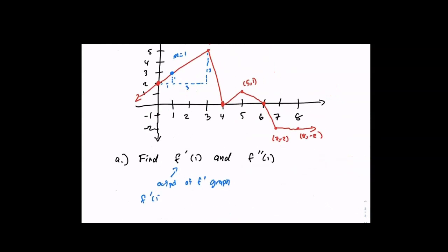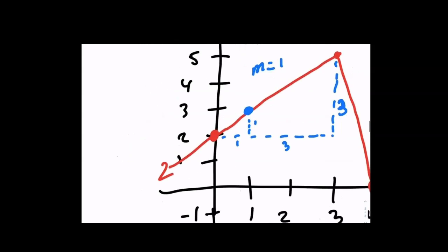f prime of 1 is what? Read the graph. It's right there. Just the output. There's no 8 on my graph. This is straightforward.